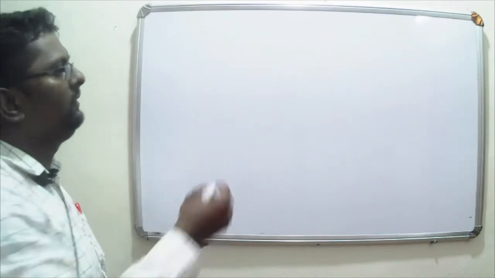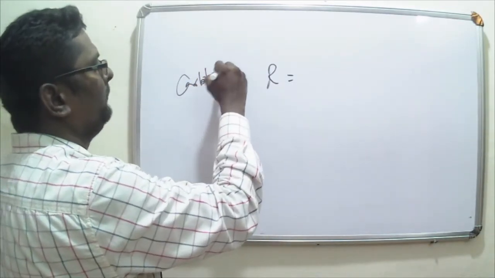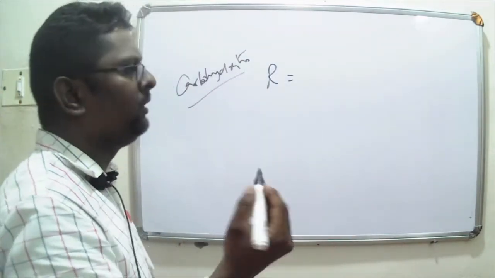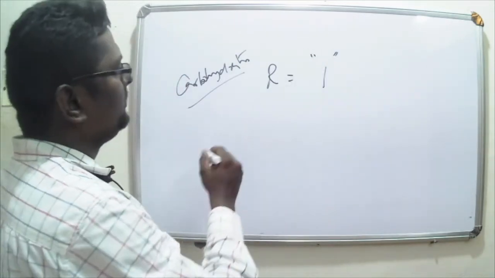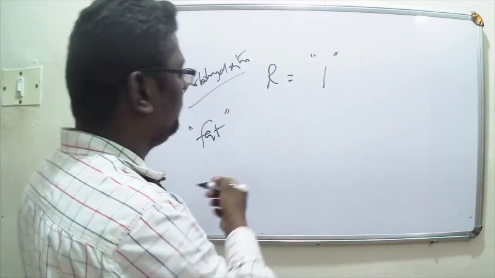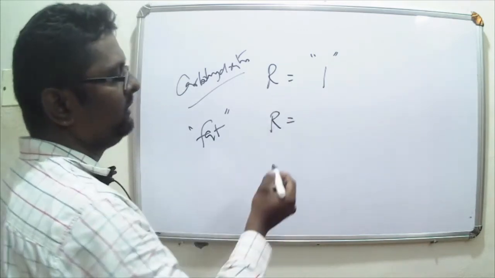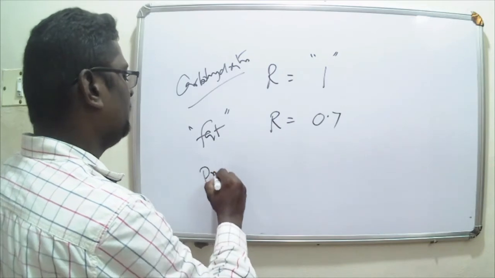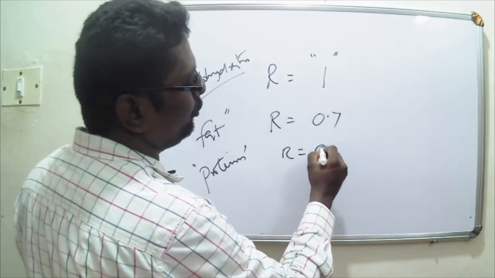Now when the body is only using carbohydrates for fuel, we get an R value of 1. If the body is metabolizing only fats for energy, then we get an R value of 0.7. Similarly for proteins we get an R value of 0.8.